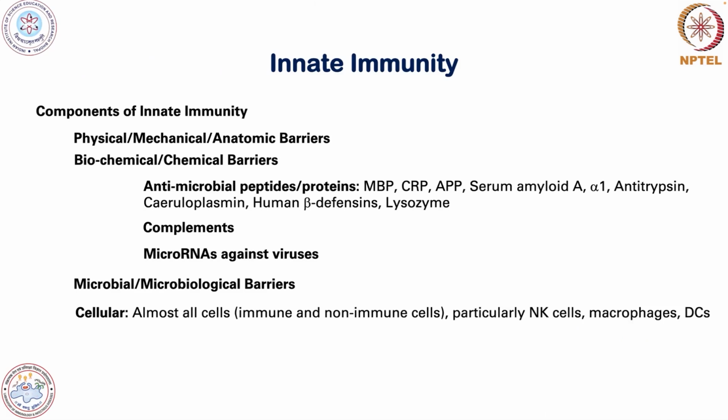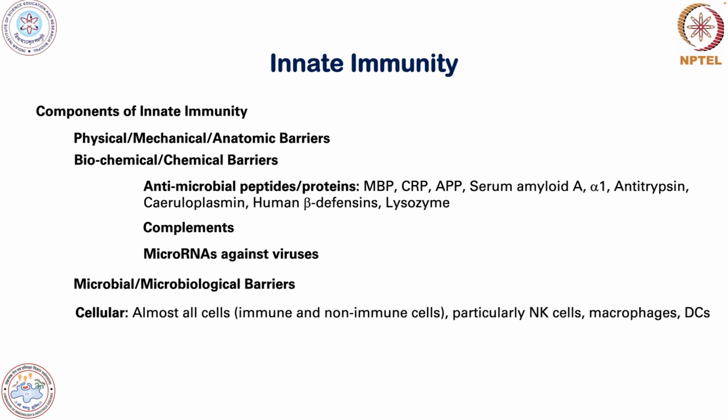Another is the cellular component. When I say innate immune cells, basically all cells come in innate immune cells, that includes immune cells as well as non-immune cells. Particularly, these are professional innate immune cells like macrophages, NK cells, dendritic cells.